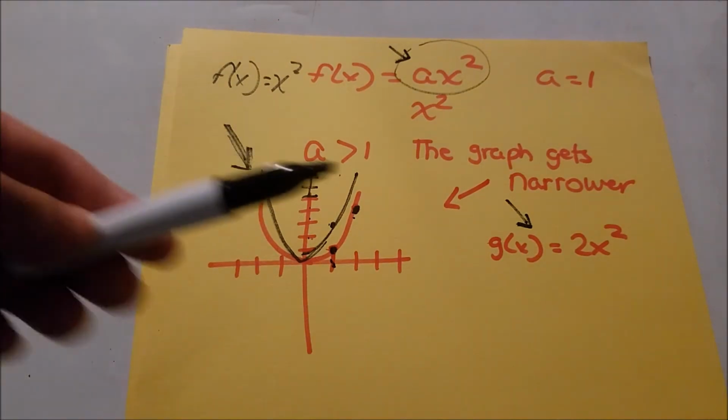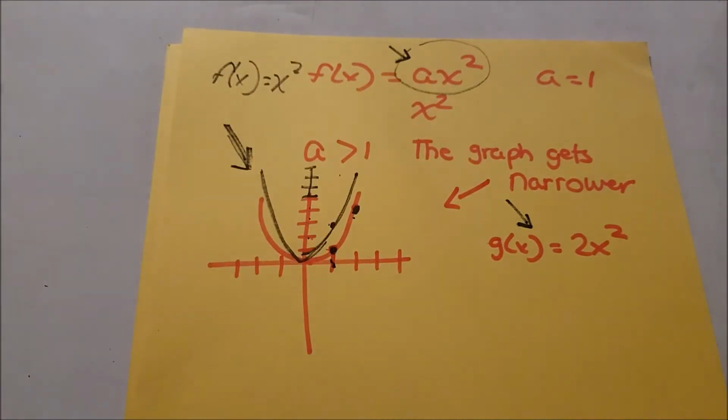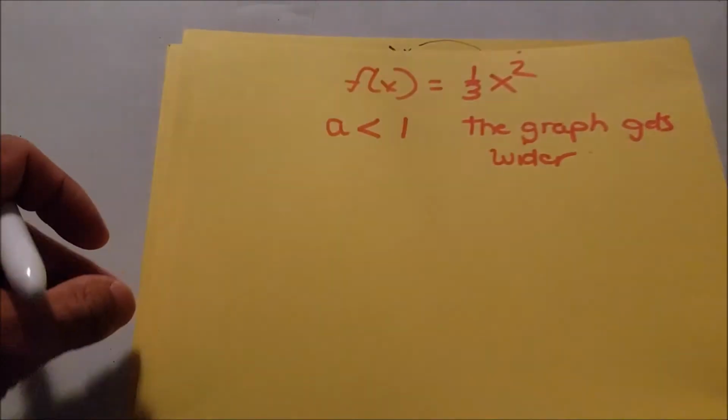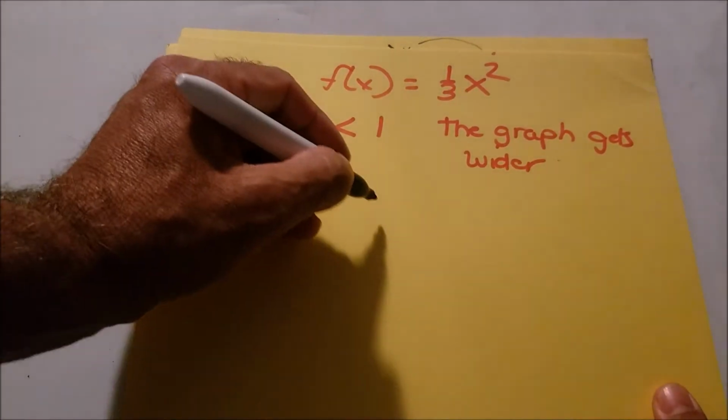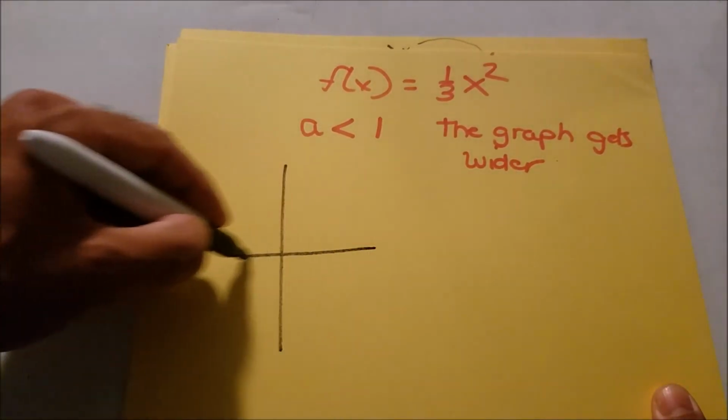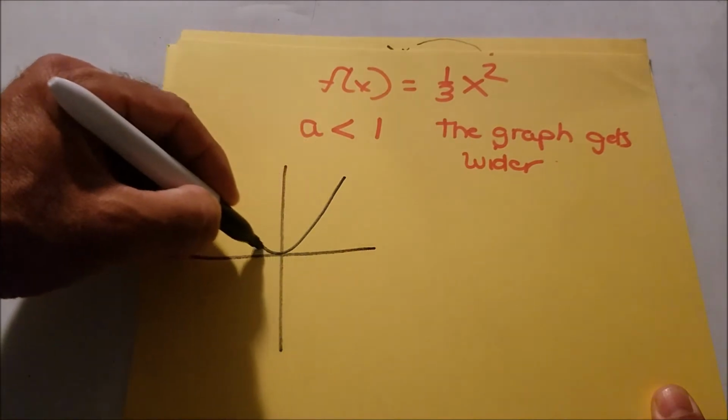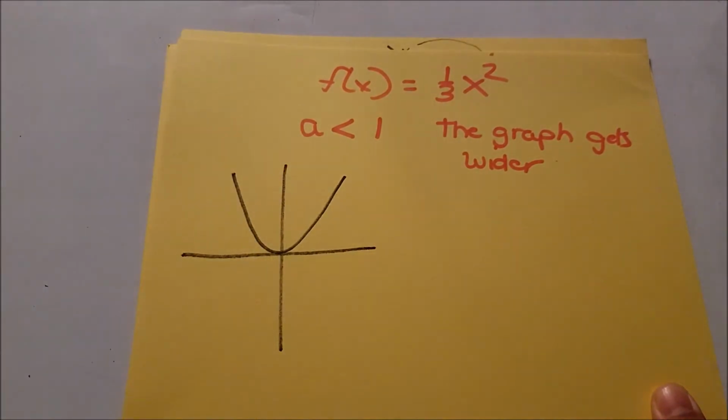So guess what happens when a is less than 1? It'll get wider, right? So if a is less than 1, like 1/3. So again, here's our parent function. We had f of x equals x squared.